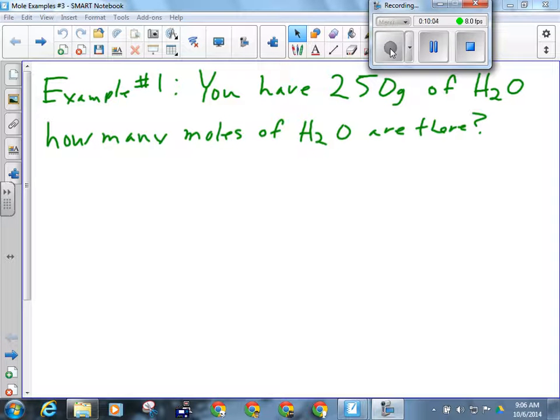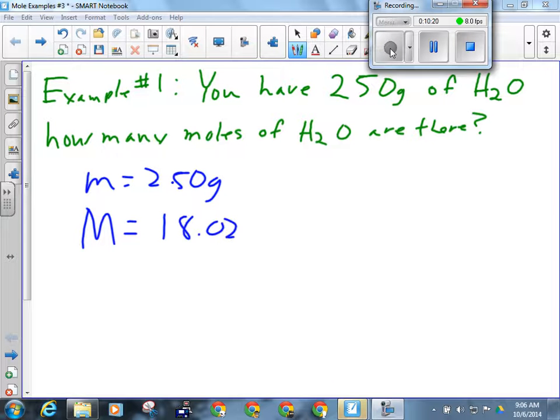All right, so on this one, this is an example of one of the easier ones. We're just looking for the number of moles here, so we're solving for n. Our givens are the mass, 250 grams of water. Because we're told it's water, we can find out the molar mass. This is actually one I just know off the top of my head.